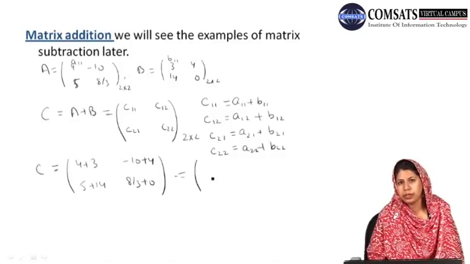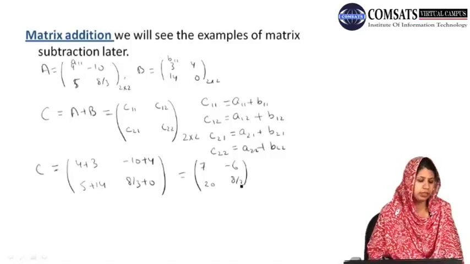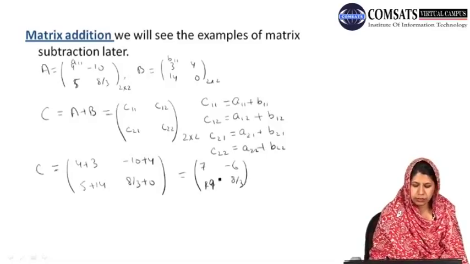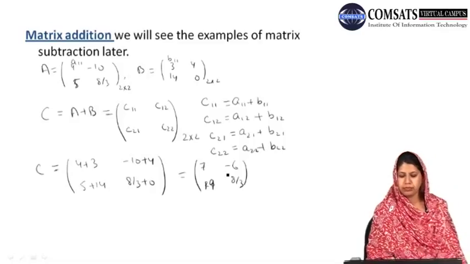And the new matrix obtained by adding the 2 matrices is 7, -6, 19 and 8 by 3, since 14 plus 5 is 19.